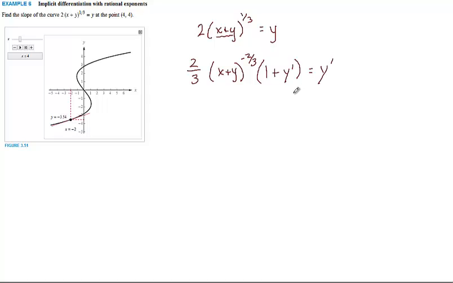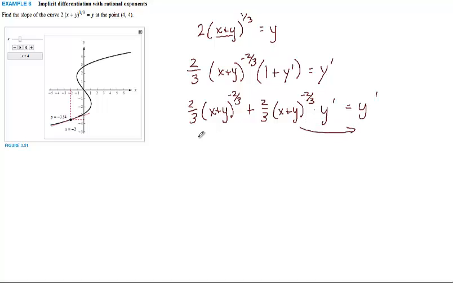I'm going to need to distribute. I'm going to have 2/3 times x plus y to the negative 2/3 times the 1 plus 2/3 times x plus y to the negative 2/3 times y prime equals y prime.